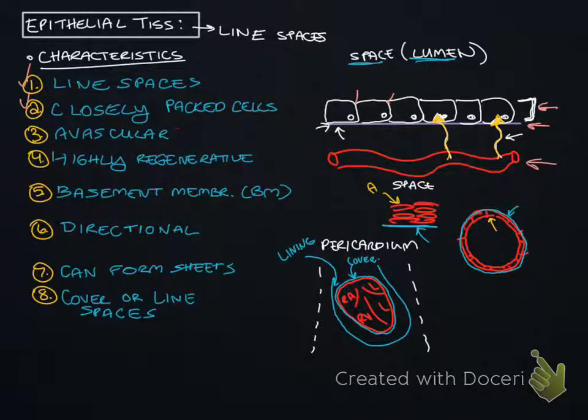It's actually underneath. That means that nutrients are just going to have to diffuse through the tissue to get into the cells. Epithelial tissue is highly regenerative, meaning it's always going through mitosis. New cells are going to be regenerated.